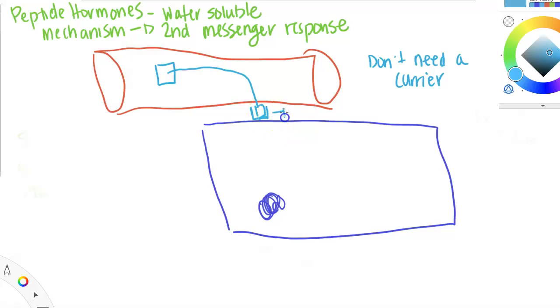So the hormone here is the first messenger. If there's a second, there had to be a first. So the hormone binding is the first messenger. When that binds, it causes a cascade of events that ends up into something called cyclic AMP.